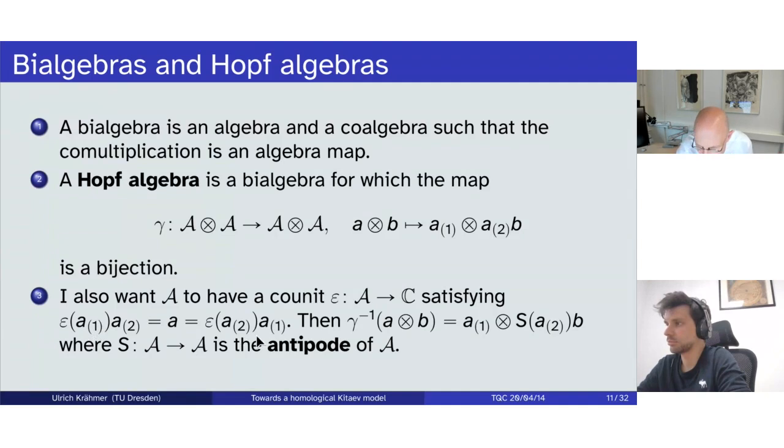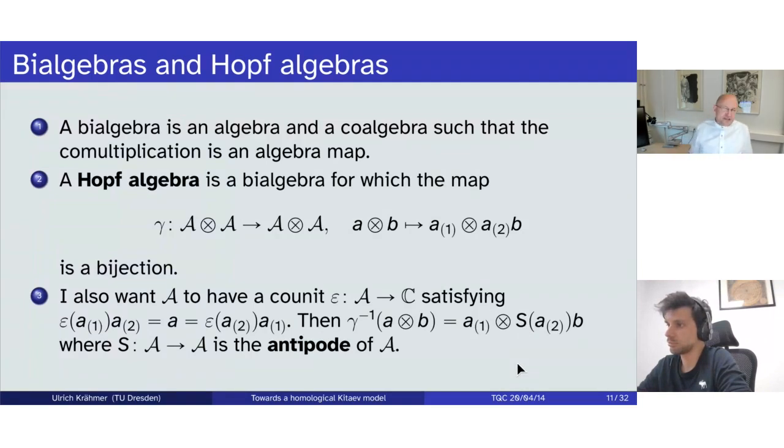I get back my element A. And if I'm in that situation, I actually can verify that the inverse of this map gamma always takes a specific form. It's again obtained by taking a co-product, and then there is a linear map S, which one calls the antipode, which you apply here, and then you multiply here.